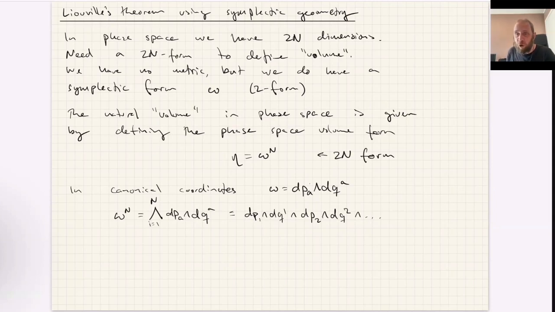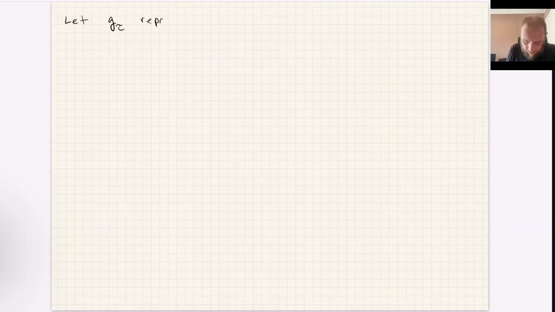So what remains, in order to show Liouville's theorem, is to show that the volume of some region is preserved under the phase space flow generated by some function. In order to do that, let G_tau represent the Hamiltonian flow in time tau.